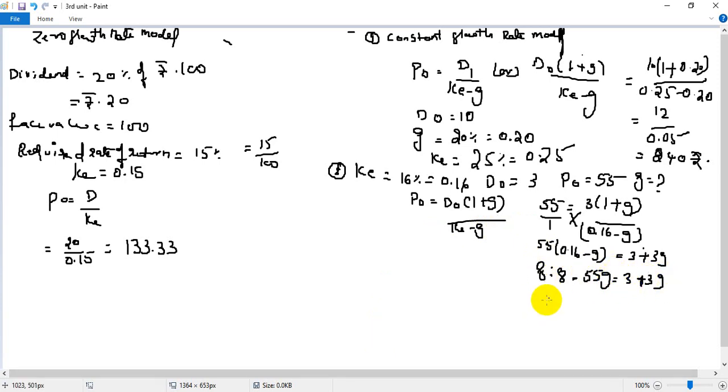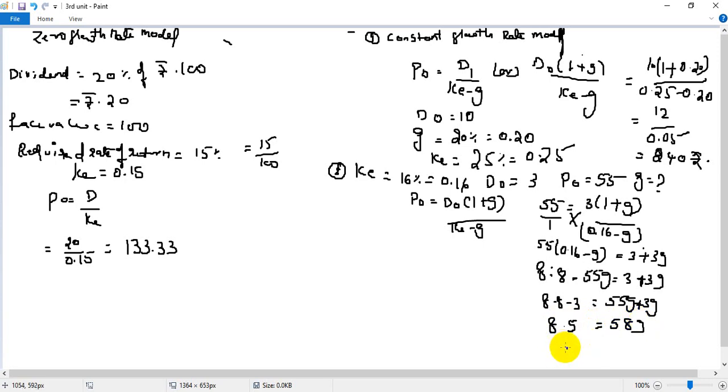If you shift 3 over here, it will come minus 3, so 8.8 minus 3 is equal to 55g plus 3g. When it goes over here, it will be plus. So 5.8 is equal to 58g.